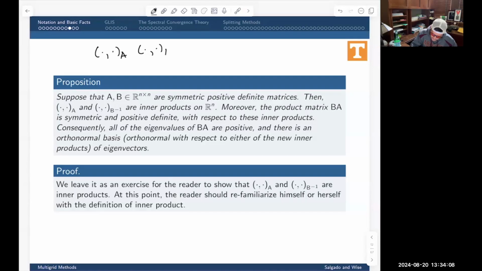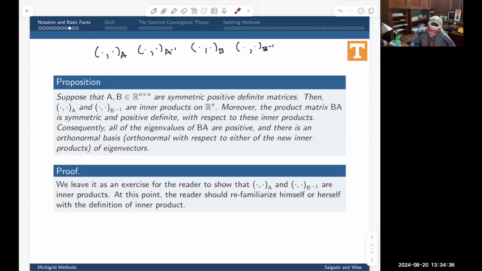And this is also going to be an inner product. Check. This one's going to be an inner product. And also this one is going to be an inner product. So A inverse, B inverse, because each one of A inverse and B inverse is symmetric positive definite. So all four of these are good and true inner products.